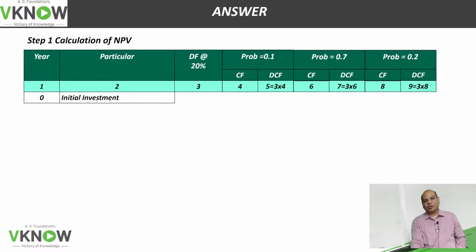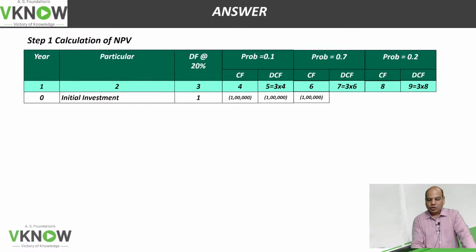Write down year 0. Year 0 initial investment. In this question it is 1 lakh. Write down 1 lakh, that will not change. 1 lakh is constant.